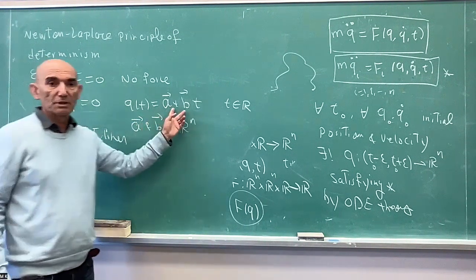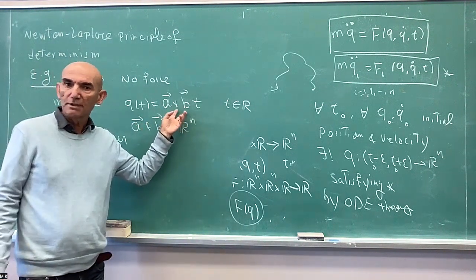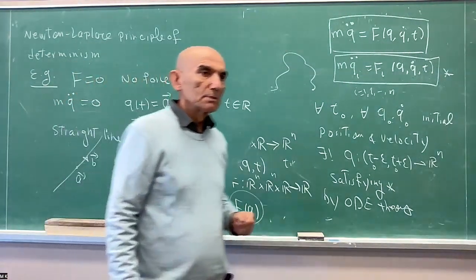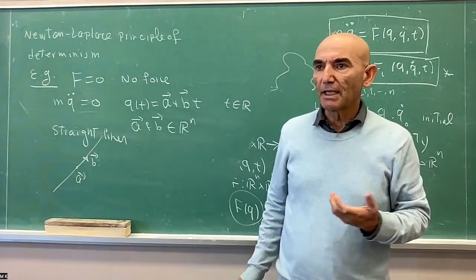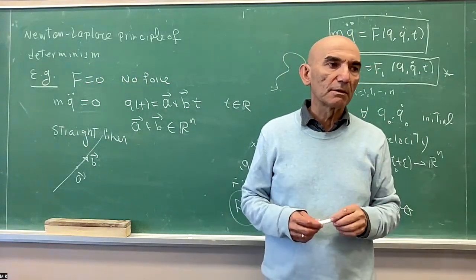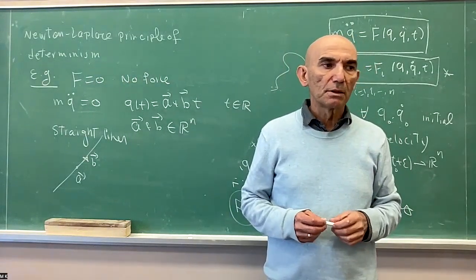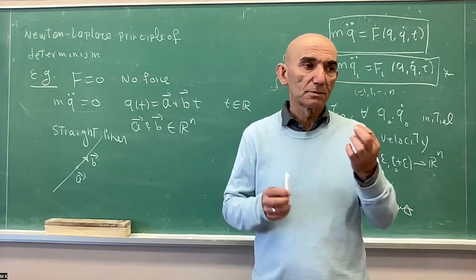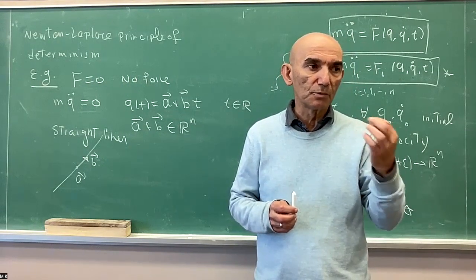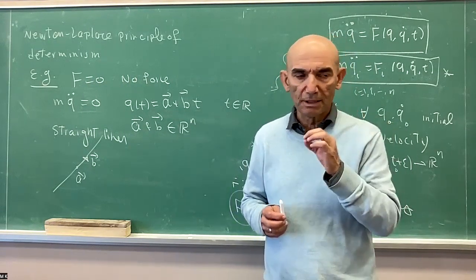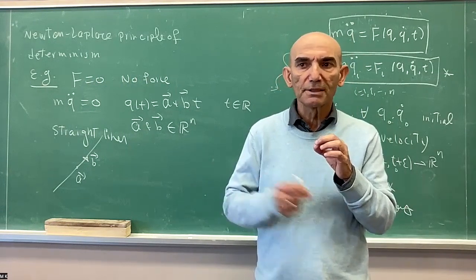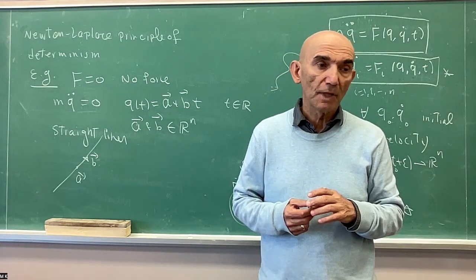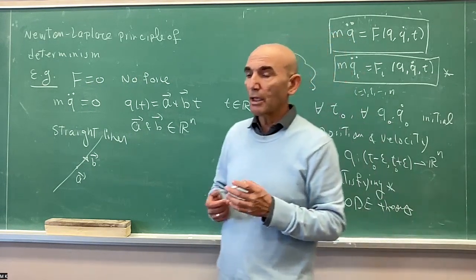But it's important to note that there are infinitely many solutions, and they're all of this form. So what does this say? It says that if there are no forces around, a particle is not necessarily at a fixed position. It's moving on a straight line with constant velocity. That's what Newton and Galileo predicted.